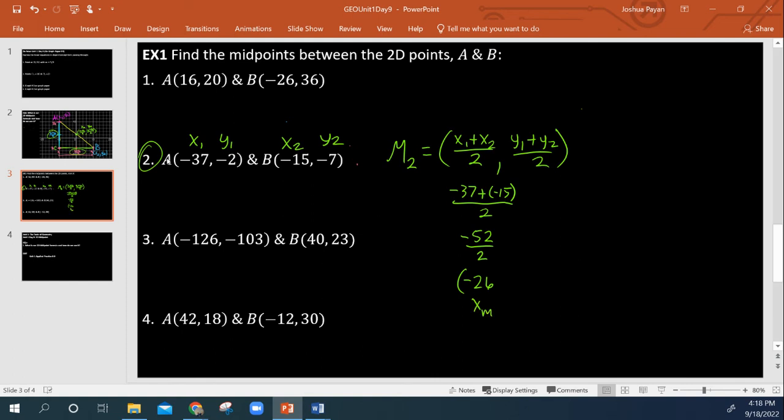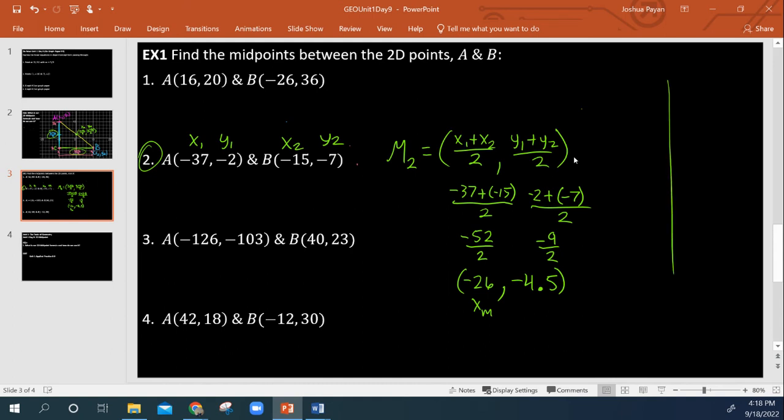And then my y midpoint I'm going to find right here next to it. So y1 plus y2, which is negative 7, all of that over 2. That's going to give me negative 9 over 2. That won't reduce any further, but if we like decimals, we're going to say negative 4.5.